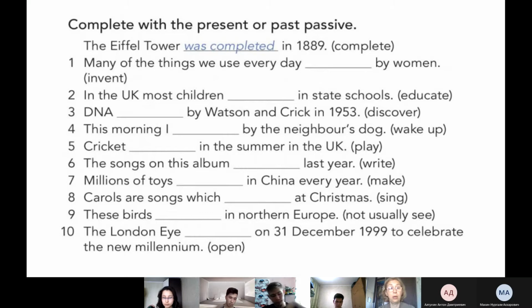Единственном. Так, поэтому is it were discovered or глагол to be в какой форме? Was discovered. Хотя изобрели и два человека, но объект один, то есть вот эта ДНК была изобретена. Was discovered. Okay, so the next one is for Anton.